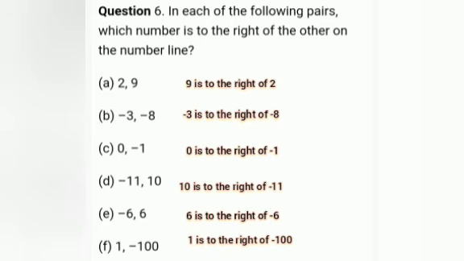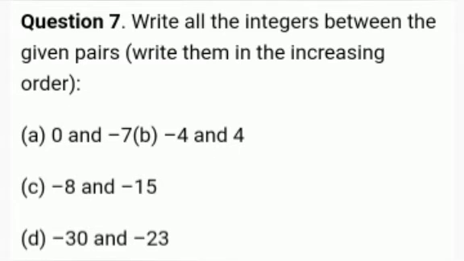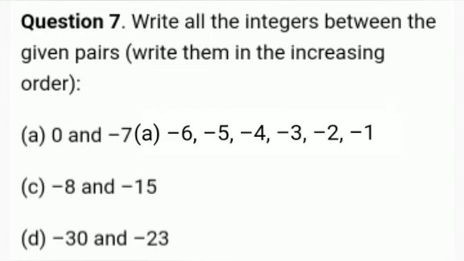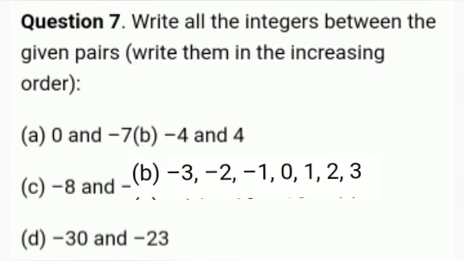Now coming to the next question. Write all the integers between the given pairs. 0 and -7, what are the integers? -1, -2, -3, -4, -5, -6 and -7. Next, between -4 and 4, we have -3, -2, -1, 0, 1, 2, 3.